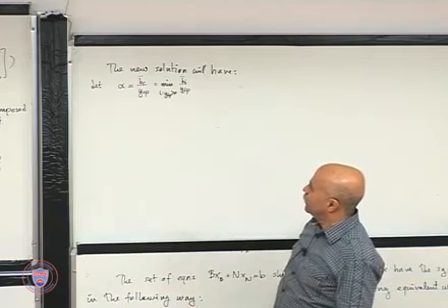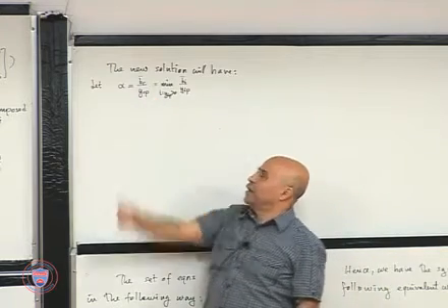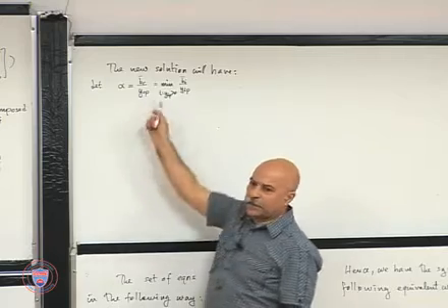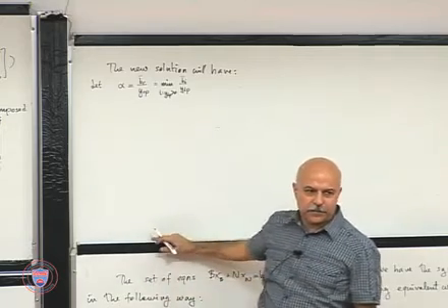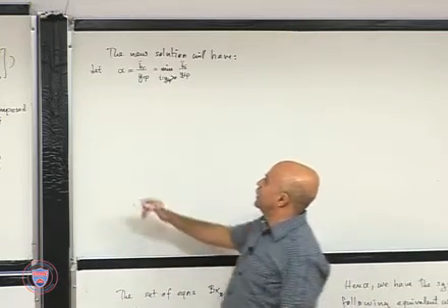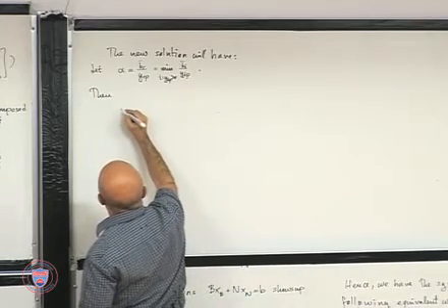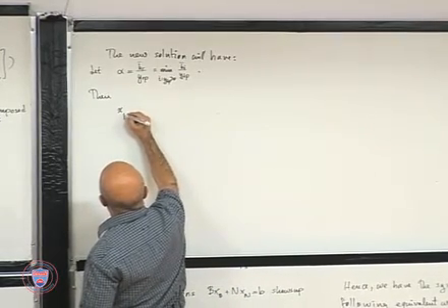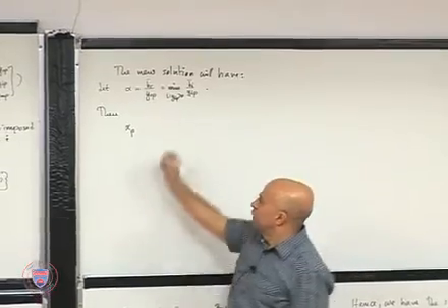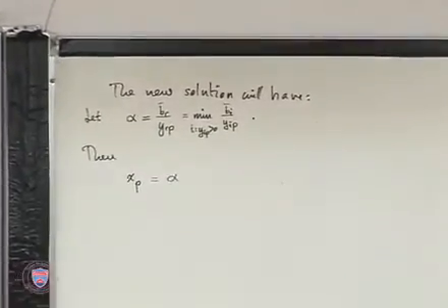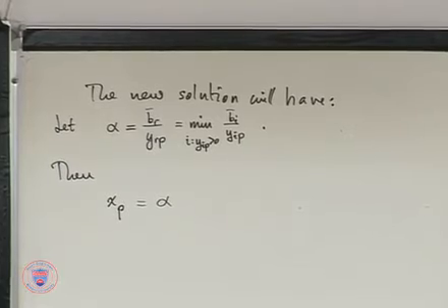Can it be 0? Yes, of course. If b̄_r happens to be 0, it could be 0. But the divider here is always positive. Then, in the new solution, of course, the entering variable x_p will be equal to alpha. That's how much you want to increase it, because that's the largest you can make it.